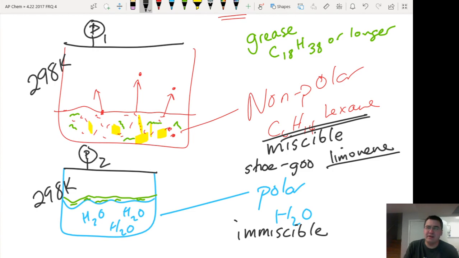If you use any cleaners that smell like orange, those cleaners have limonene in them, and limonene is non-polar. So if you're getting something goopy that doesn't come off and you try a non-polar solvent on it, a lot of times it'll work because the sticky stuff is non-polar also. So like dissolves like.